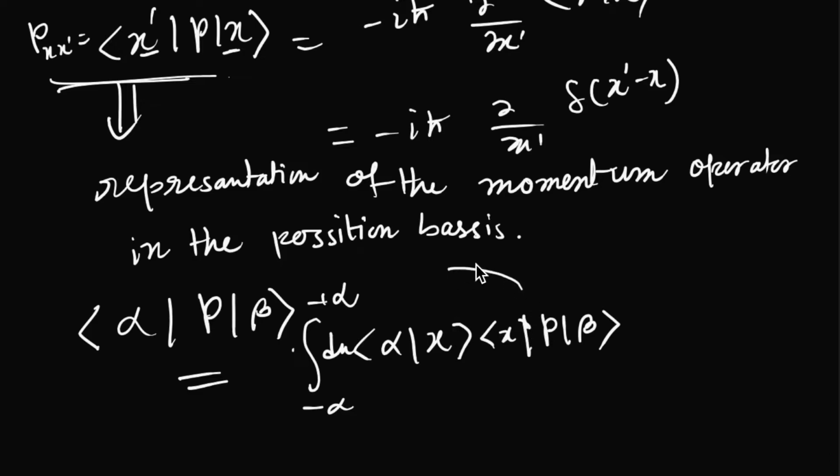So we have used the completeness relation of the position basis here. The position completeness relation says that integral dx |x><x| is the identity operator.